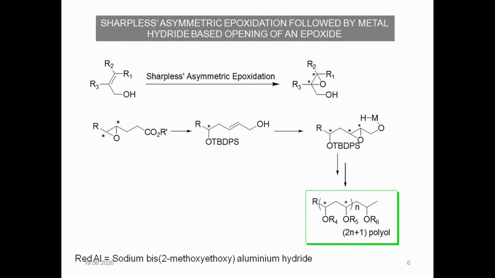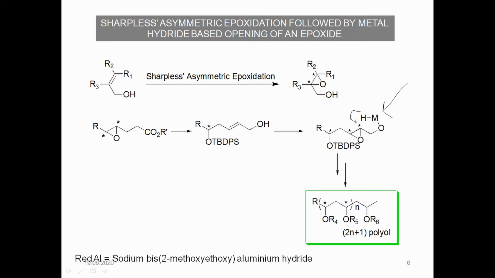In epoxide opening reactions, first we do Sharpless kinetic resolution. Then we treat the epoxide with Red-Al. The Red-Al will open the epoxide from the second position; the hydride will attack at this starred position.